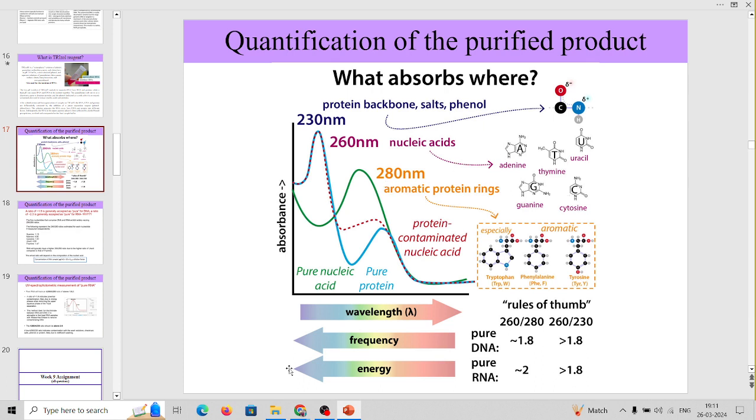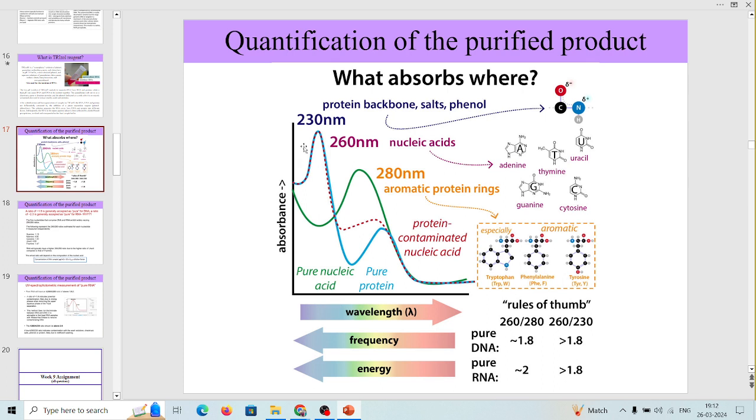So yeah, so now these are having these alternate double and single bonds called conjugated double bonds. So because of this structure, they are basically absorbing light in UV visible range, and then it is detected, right?